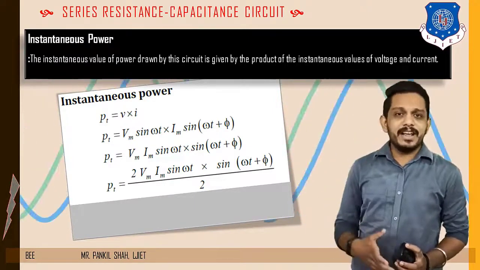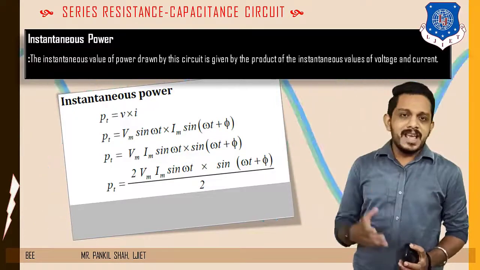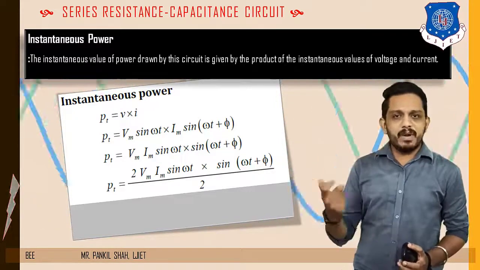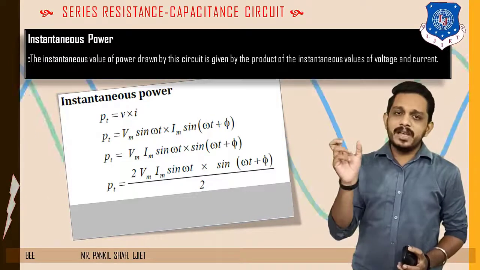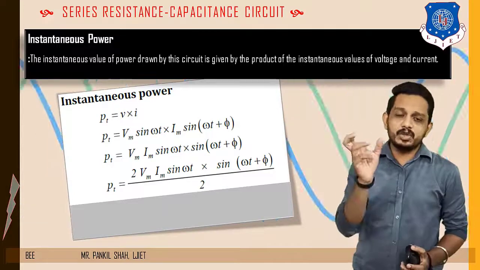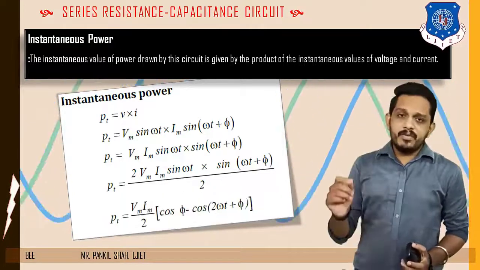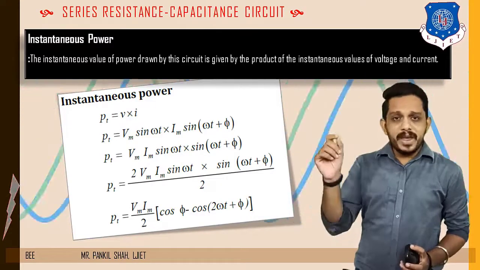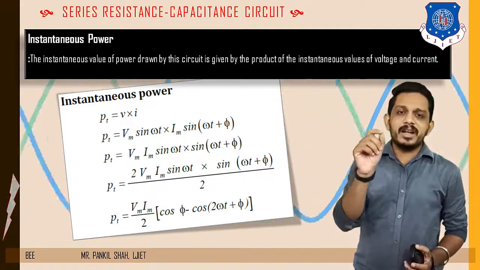There is a mathematical formula for this 2 sin A sin B, and the formula is nothing but cos(A minus B) minus cos(A plus B). In the first cosine term the angle should be subtracted, and in the second cosine term the angle should be added. So it will be Vm Im by 2, and in the bracket it will be cos(omega t minus (omega t plus phi)) minus cos(omega t plus (omega t plus phi)).